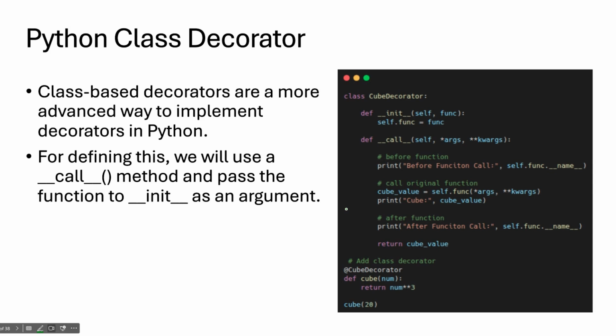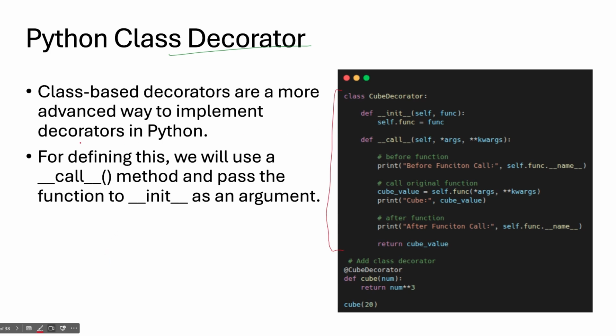Now there is another way. If you want to create a decorator, another way is to create it via a class. Till now we have created it via a function. So you can also create it via a class, but generally I have not seen people using classes. I have seen most data science applications using functions, but you can also use this.